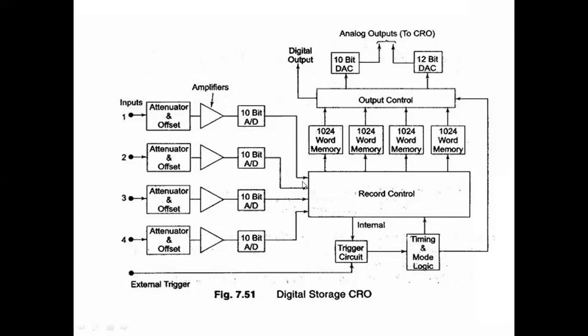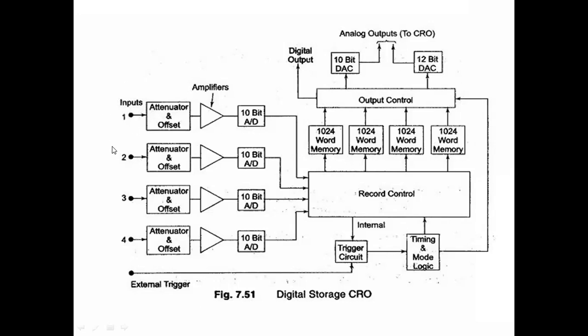Suppose we use a single input only, a single section only, then we can use the entire memory for that single signal. So the entire memory is used for storage of the single input.